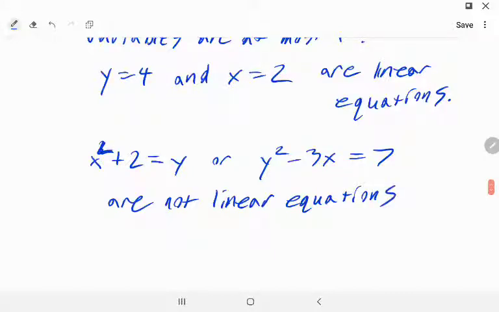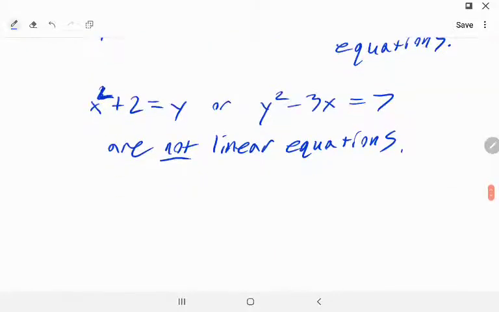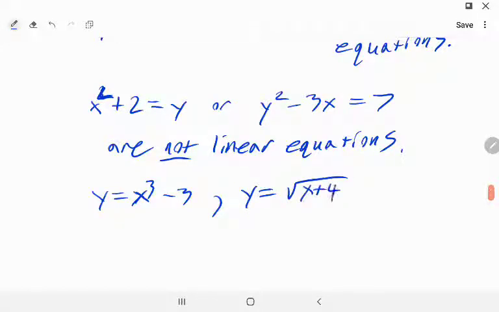Those two are actually called quadratic equations, but we're not worried about those for right now. And especially if we go even higher than 2, it's really not a linear equation. So y equals x cubed minus 3, y equals square root of x plus 4, again, not linear equations.